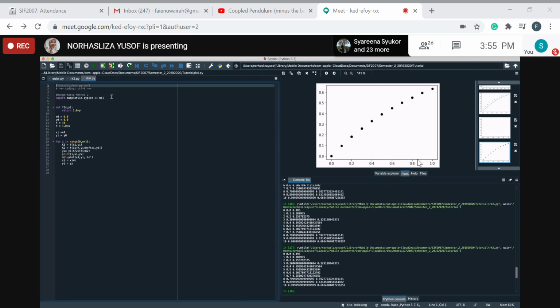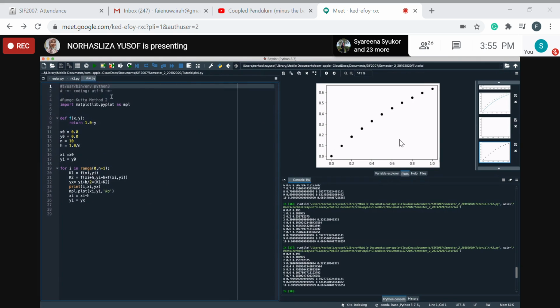Okay, so now we do the RK4. This is how you do the coding. You just save as and then modify to whatever you have. Right, so RK4, how does it look like?